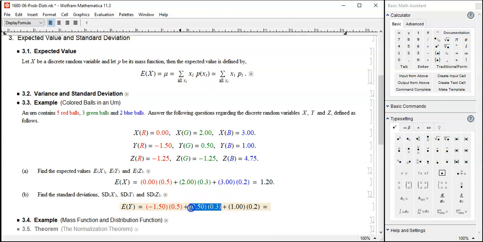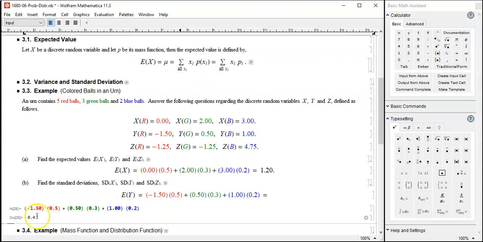Red, green, blue, and this computation yields, if I remember correctly, something negative.